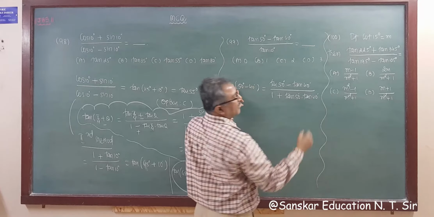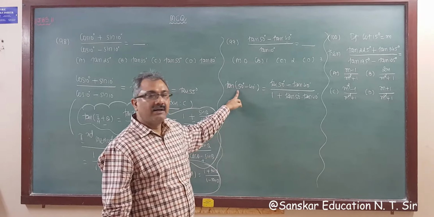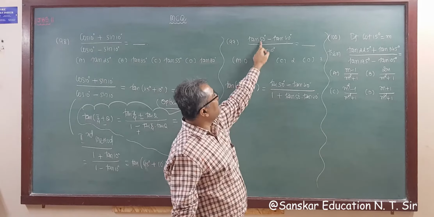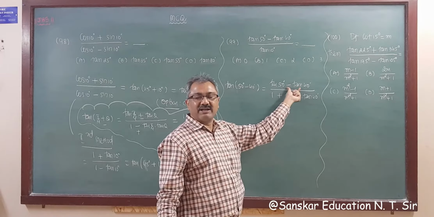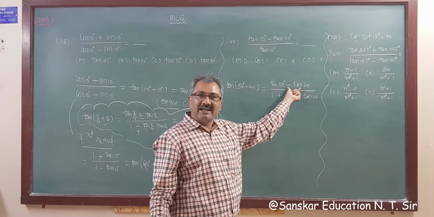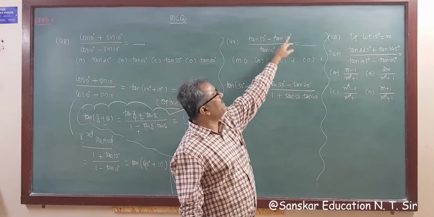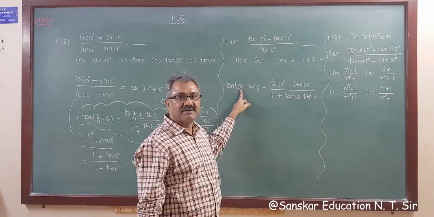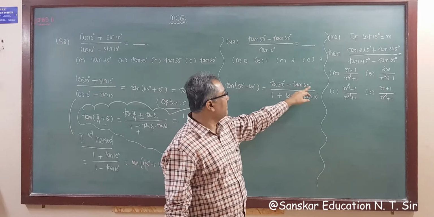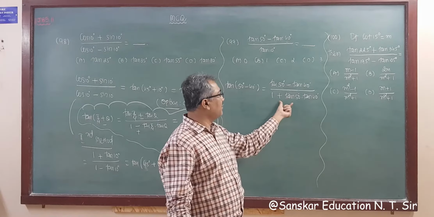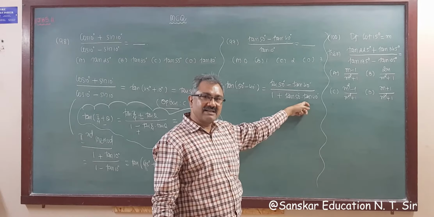Did you understand what was done? I took a minus b, so it is a formula for tan(a minus b), so I am applying the formula of tan(a minus b). A is 50, b is 40, right? It is equal to (tan 50 into tan 40) upon 1 plus tan 50 into tan 40. That is the formula.